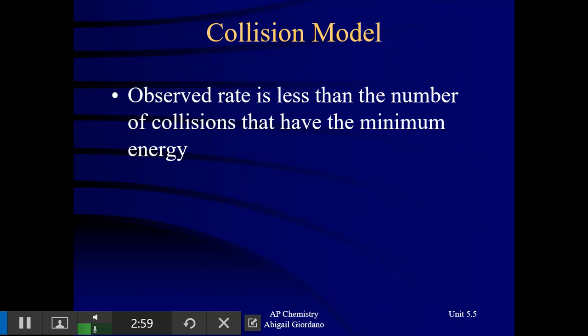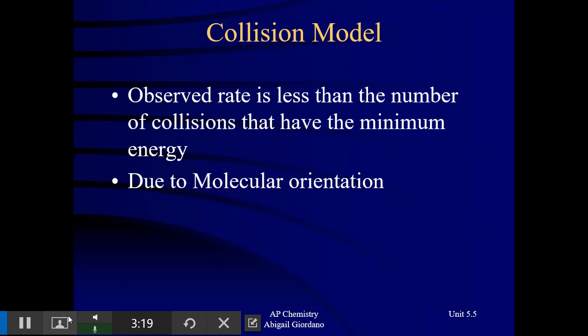Now, even still, let's think about the requirements for a reaction. Molecules must collide. They must collide with a particular amount of energy, but that's not the only requirement. There's one more requirement. They have to collide at a particular orientation. What I mean by that is the angle at which the molecules contact each other.